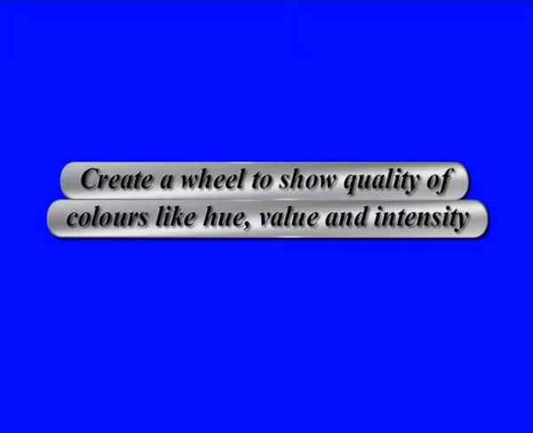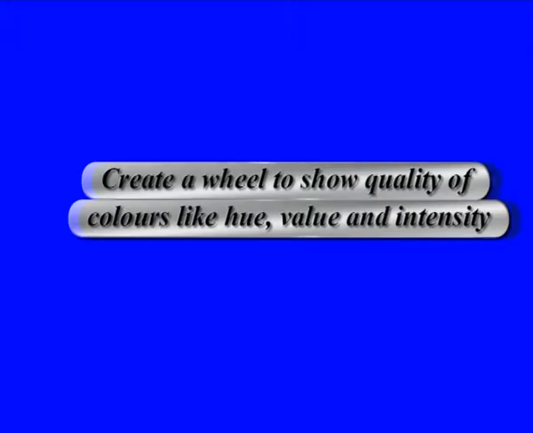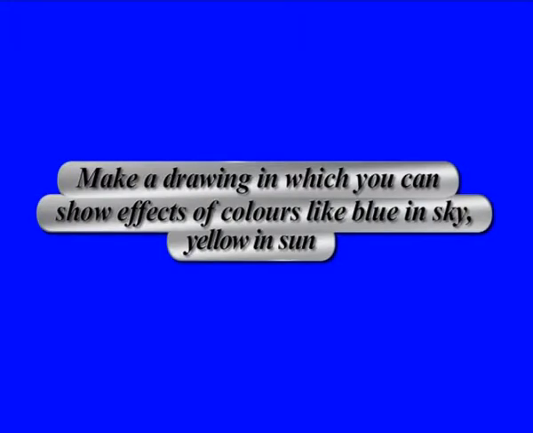Create a wheel to show quality of colors like hue, value, and intensity. Make a drawing in which you can show effects of colors like blue in sky, yellow in sun. Take primary color wheel and add white and adding black color.